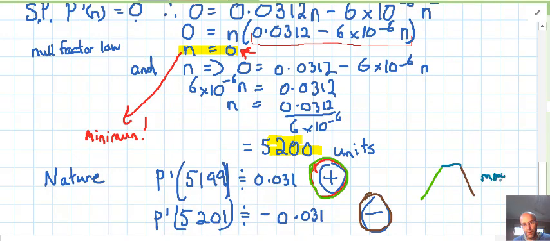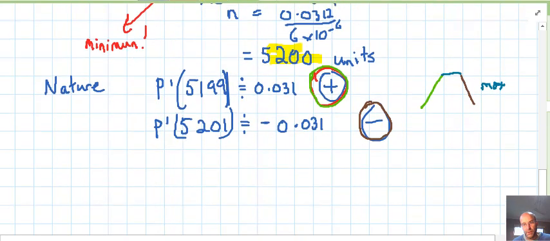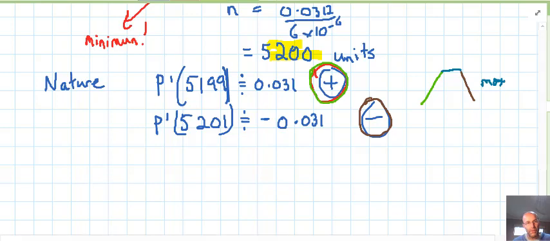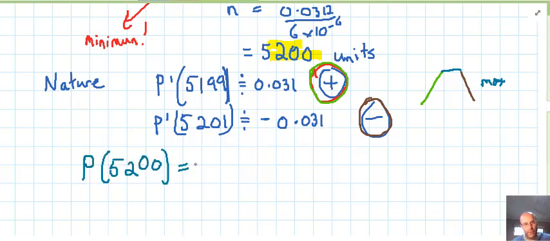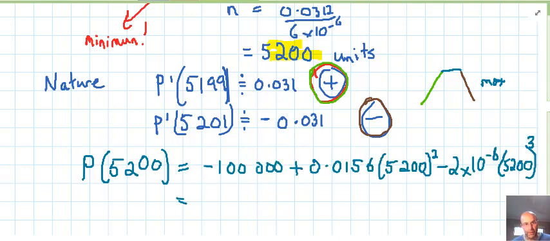That's what we wanted. So 5,200 units is, let's answer the question, what is the profit? Mathematically we're finding P of 5,200, so we enter it into our equation and crunch that, and hey presto, there it is.